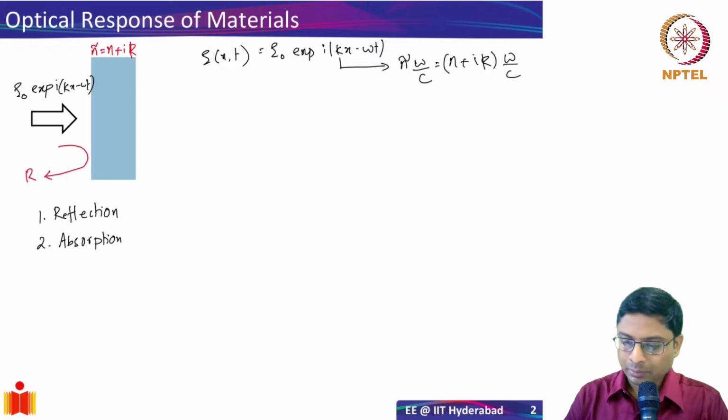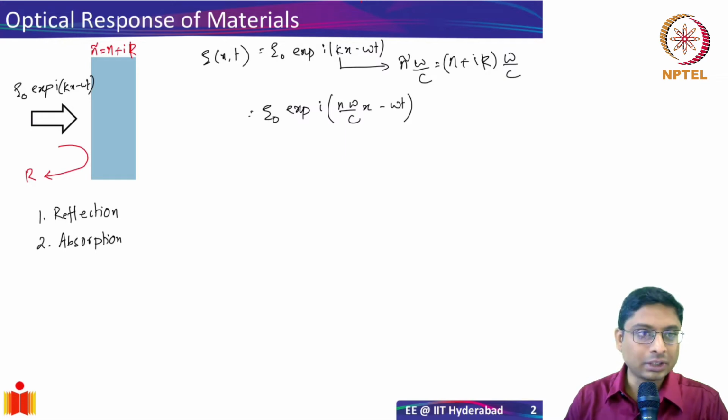Now if you put this back into the equation, you will see that the electromagnetic wave will be split into two parts, right? Exponential of the complex part wherein n omega by c x minus omega t, this is one part which is actually the oscillating part, and there's an attenuating part, where i and i multiply and become i squared, which is minus 1.